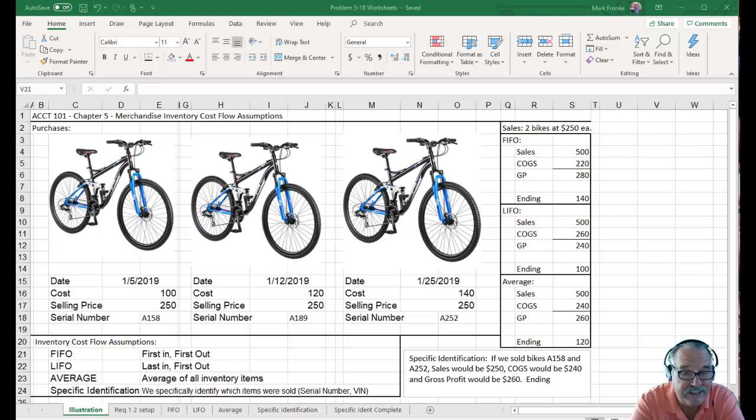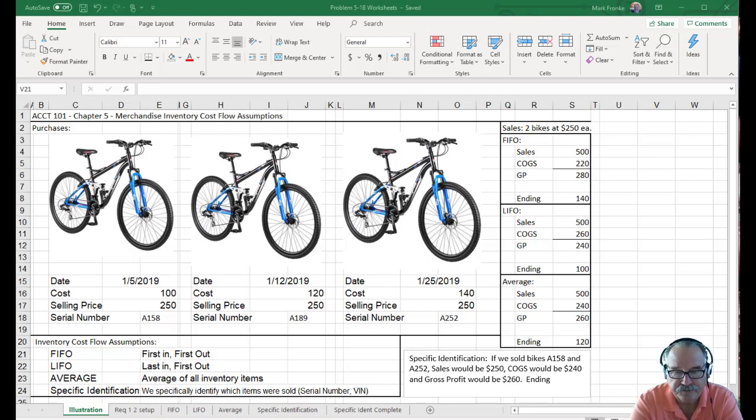Regardless of physically which 2 we sold, if we use a FIFO basis for costing, that means that we would sell the January 5th and the January 12th bikes. The cost is 100 plus 120, which is 220, and our gross profit would be 280, and the bike in ending inventory would be the bike we bought on the 25th.